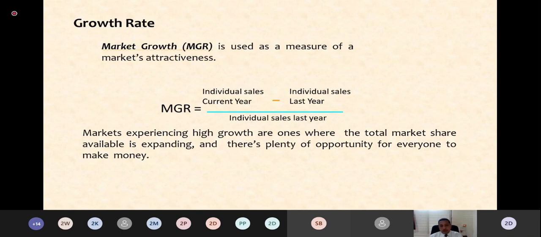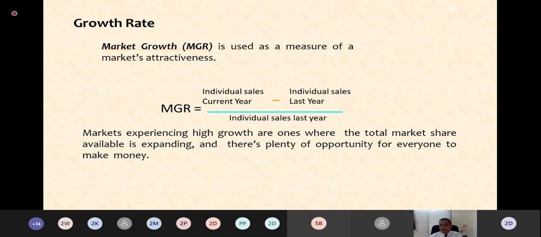So markets experiencing high growth are ones where the total market share available is expanding, and there is plenty of opportunity for everyone to make money. So if the market share is growing year after year, then we can say that it is an attractive market for all the companies in the market.